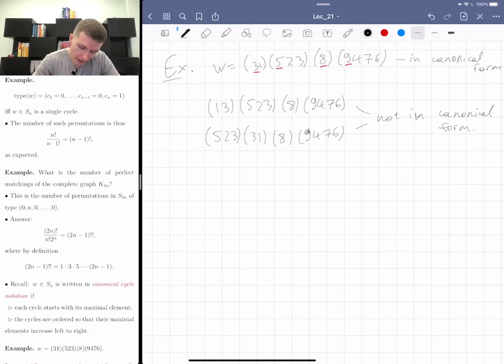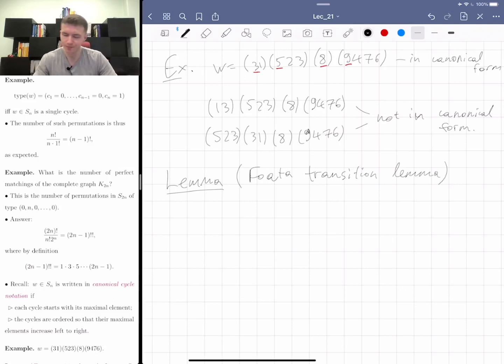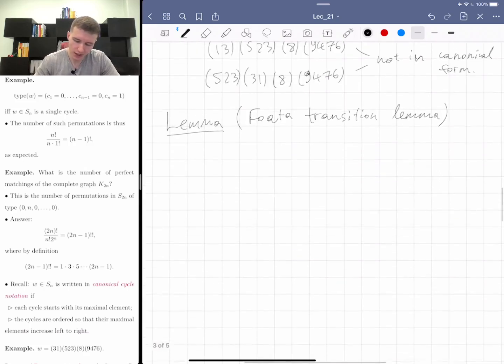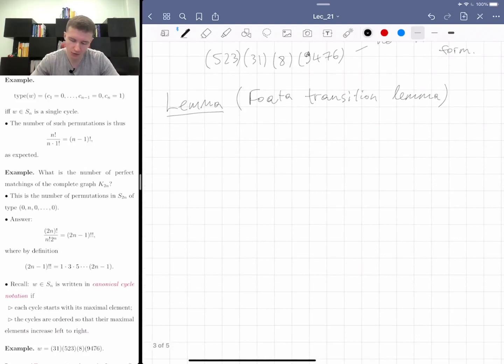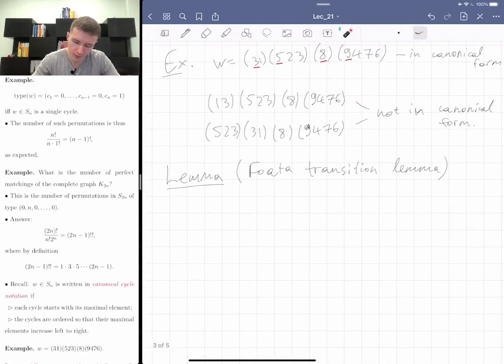It's called the Foata transition lemma, also called the fundamental bijection by Stanley, and there are some other names as well. The idea is that you take the canonical form like this, and then you just remove the parentheses.